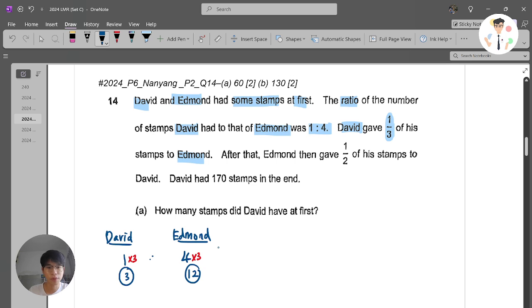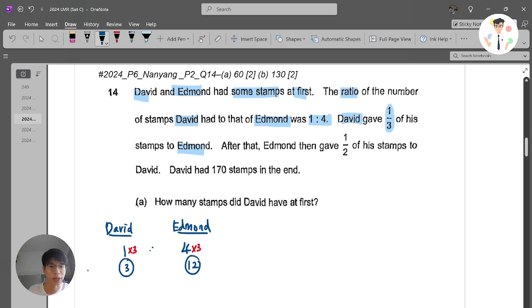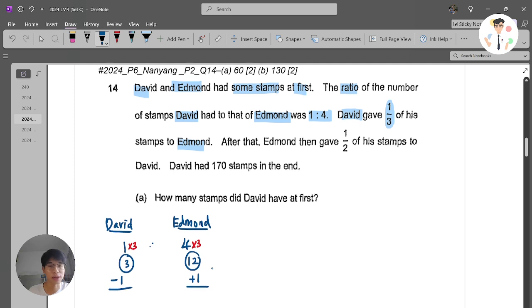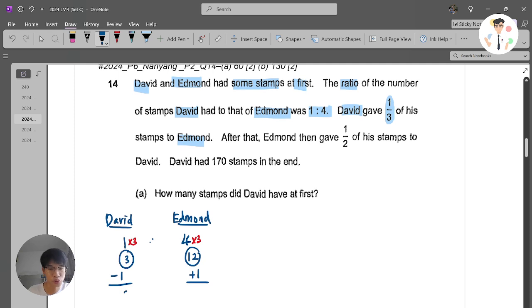Okay? So I am giving 1 unit to Edmund, right? So I minus 1, then I plus 1 here. And now, how many units left? I would have 2 units left, and Edmund now would have 13 units. Now, the question continues to say, after that, Edmund then gave half, 1/2, of his stamps to David.